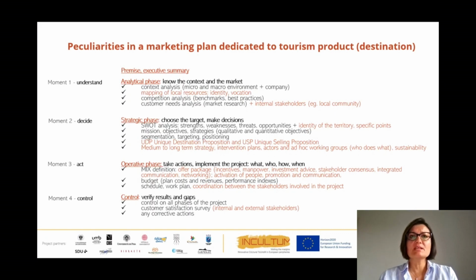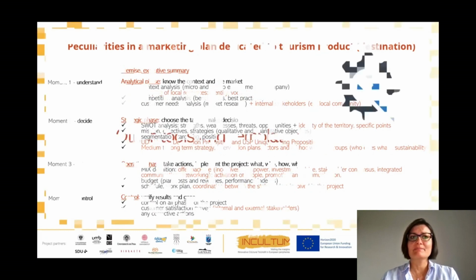The mapping of stakeholders to gain the necessary resources and knowledge and to set up collaborative partnerships is key. Finally, in the control moment, you will have to pay attention also to local community once again by measuring their expectations and satisfaction on your mix. So you will distribute, for example, a survey not only to visitors but also to residents.